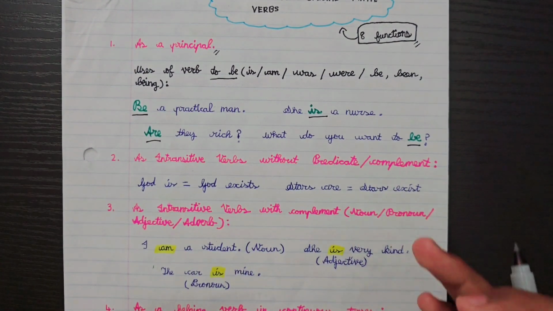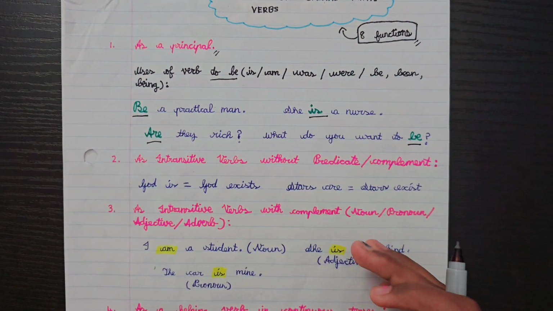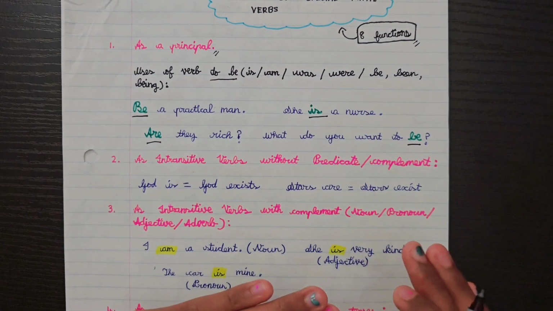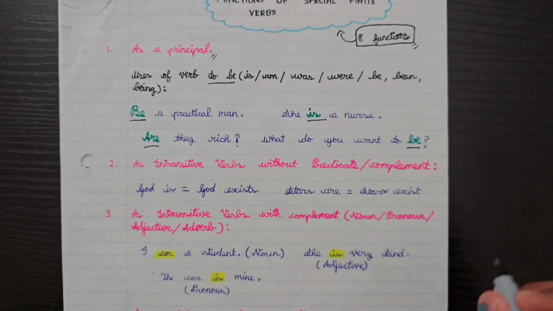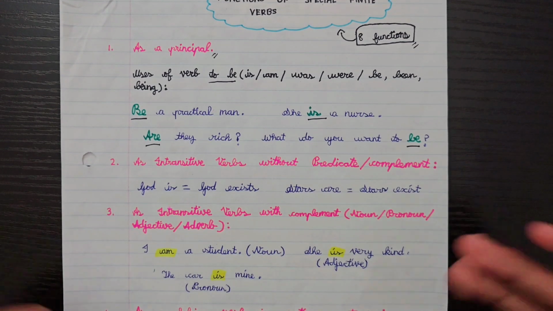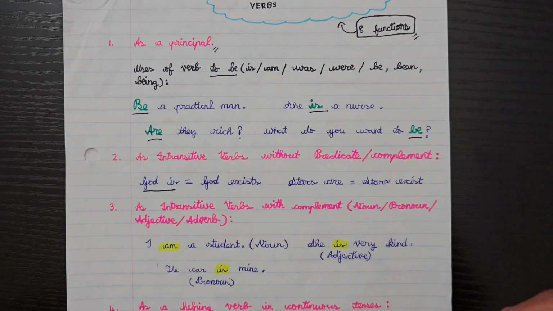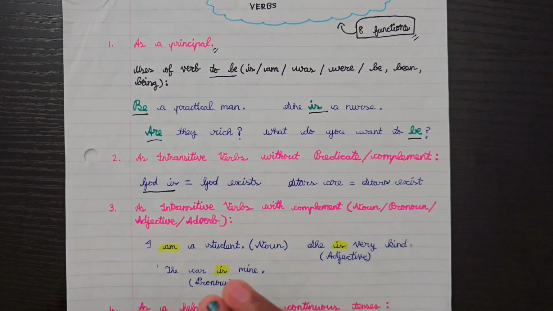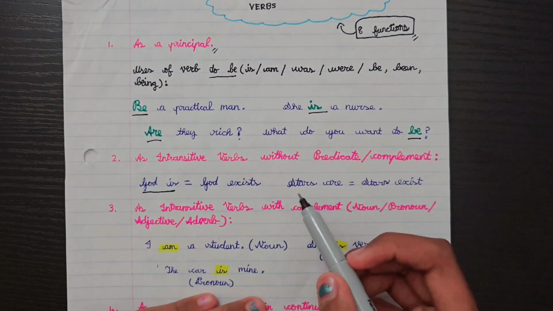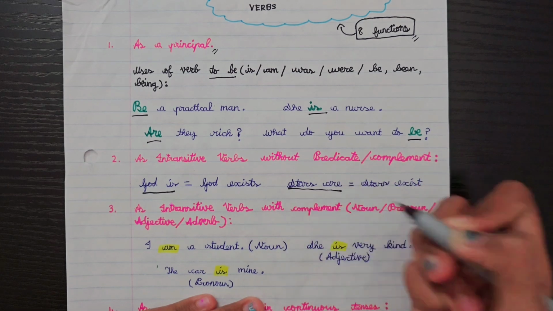Now, the second function: as intransitive verbs without predicate or complement. So instead of adding a really big predicate to the subject, God is, you could add God exists without the predicate. And stars are as a subject.